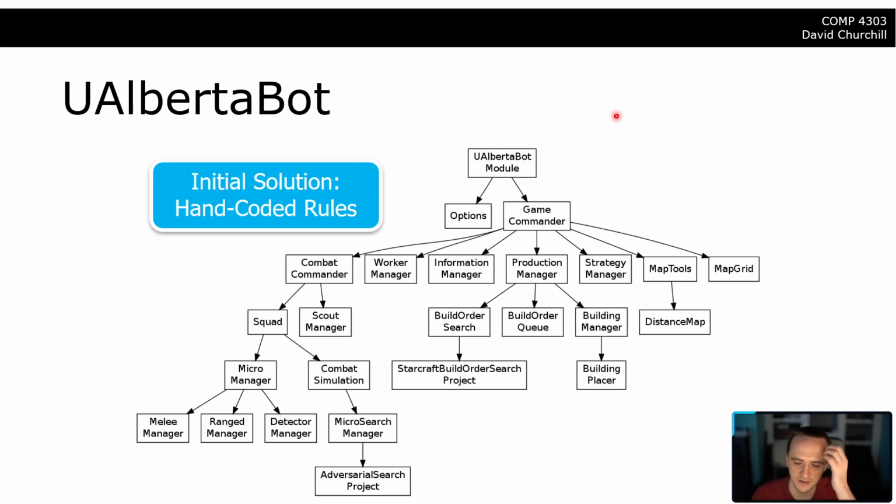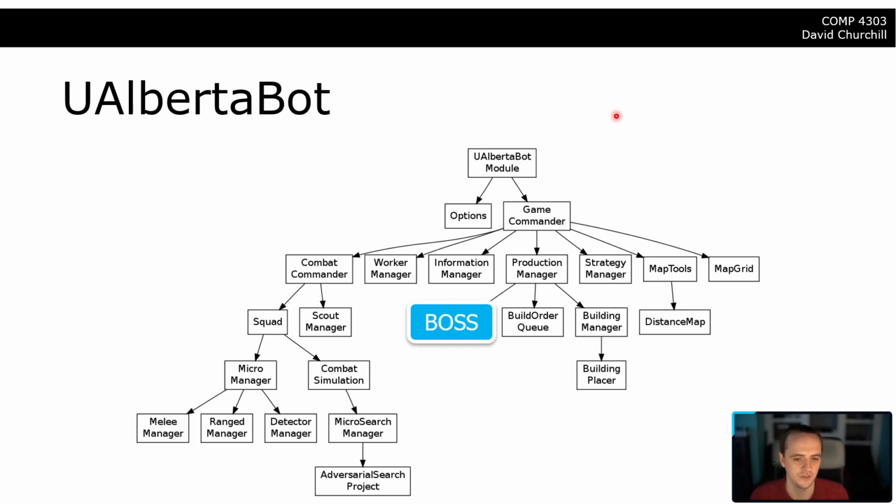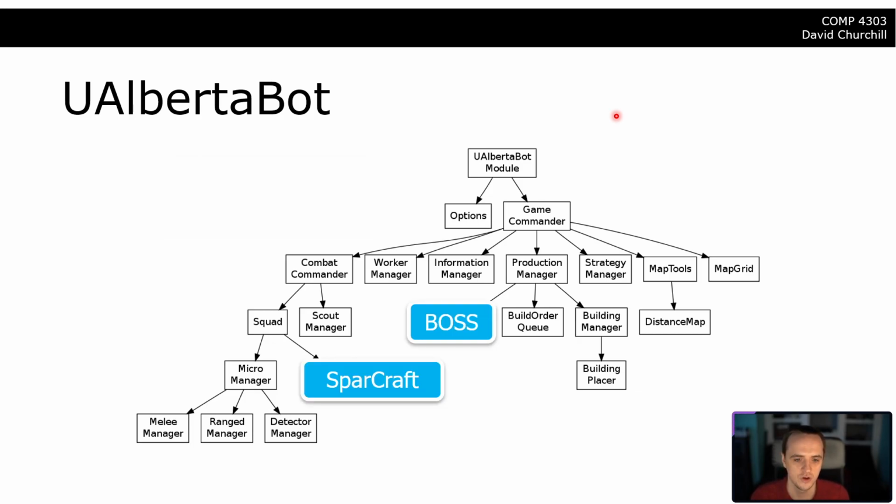And then over time, I started replacing the hand-coded systems with the dynamic search-based systems that I had been writing as part of my research. For example, the hard-coded build orders got replaced by the build order search system. The hard-coded when should I attack got replaced by the SparCraft system, etc. So we'll talk about how that works and how this could potentially be part of your project later.